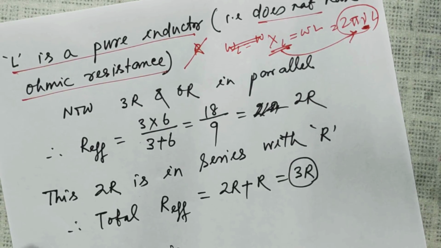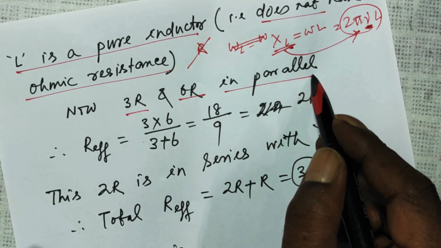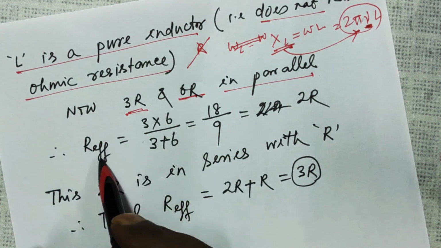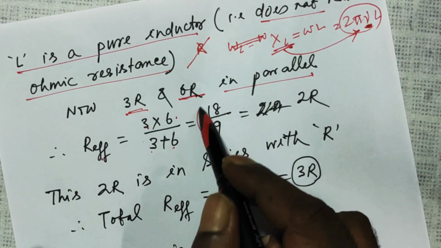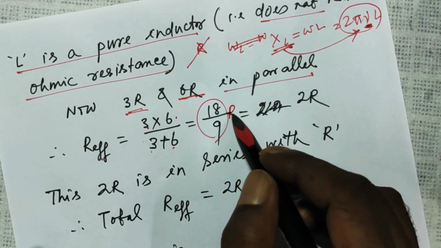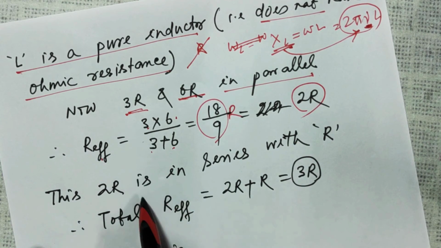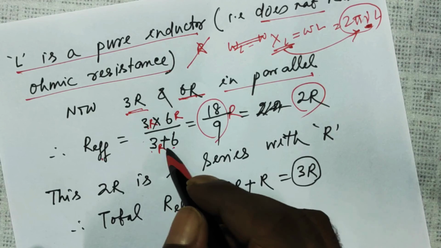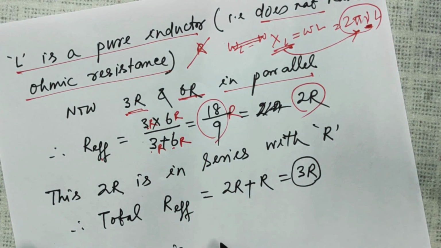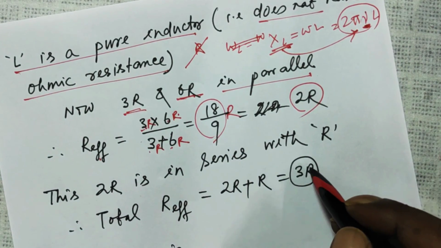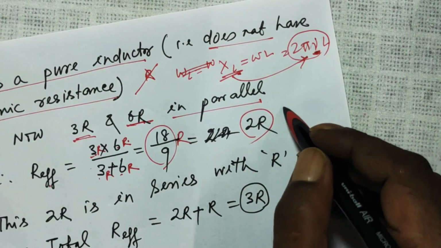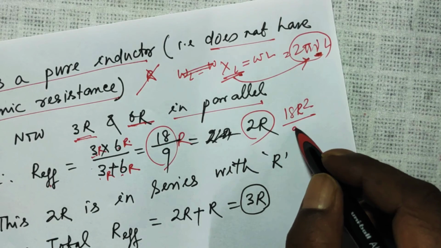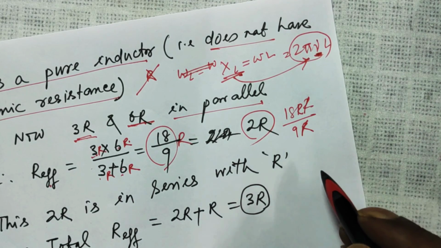So now 3R and 6R are in parallel. The effective resistance of 3R and 6R, since they are in parallel, is 3 into 6 by 3 plus 6, that is 18 by 9, that is equal to 2R. 3R, I should write 3R, 6R, so it becomes 18R square by 9R, R cancels.